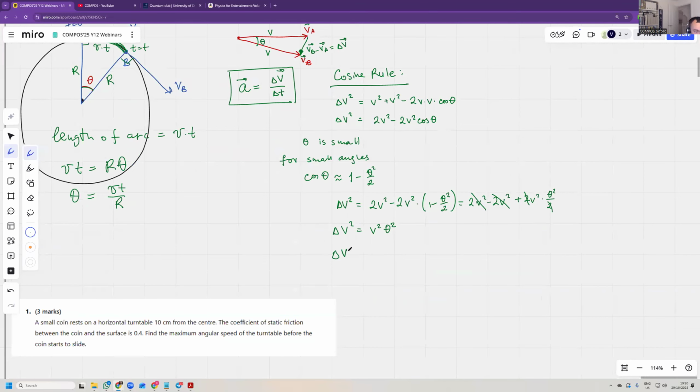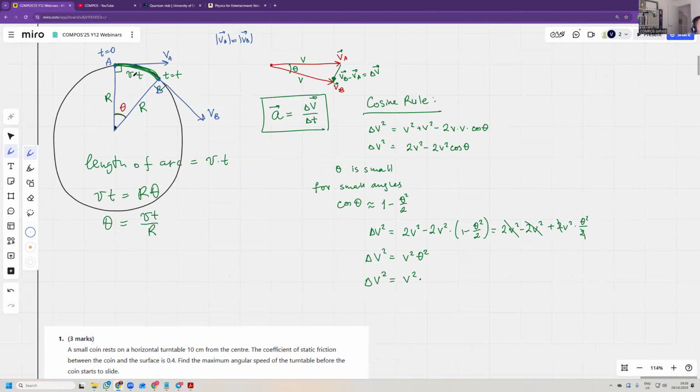So delta v squared equals v squared multiplied by, sorry, it's delta t, of course, so v squared times v squared again, multiplied by delta t squared divided by r squared.